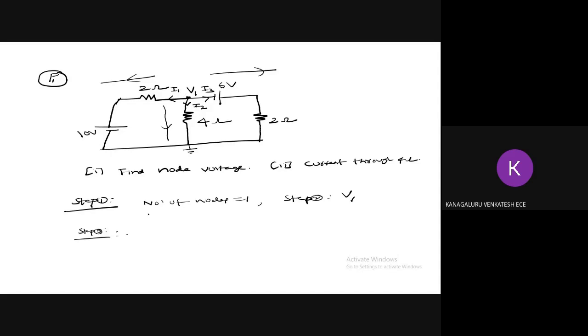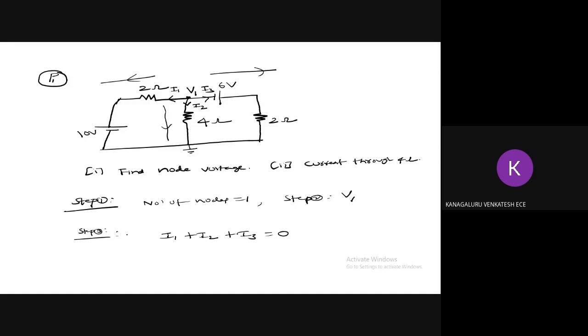So what are all the currents leaving here? I1, I2, and I3, all assumed as leaving. So I applied the KCL: the sum of the currents leaving the node equals 0. And then Ohm's law.